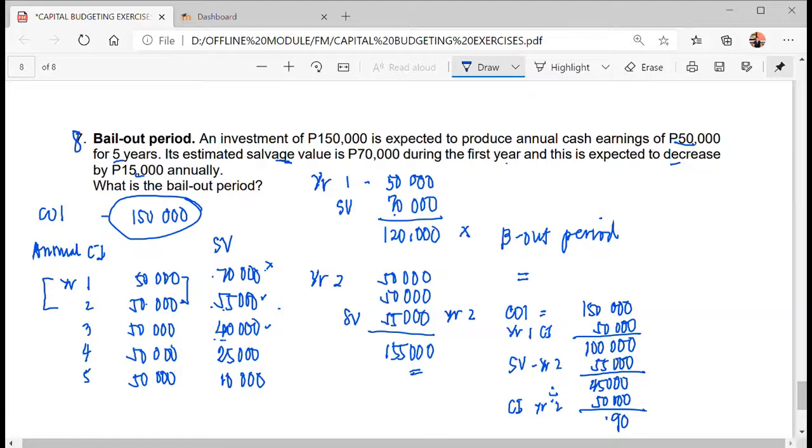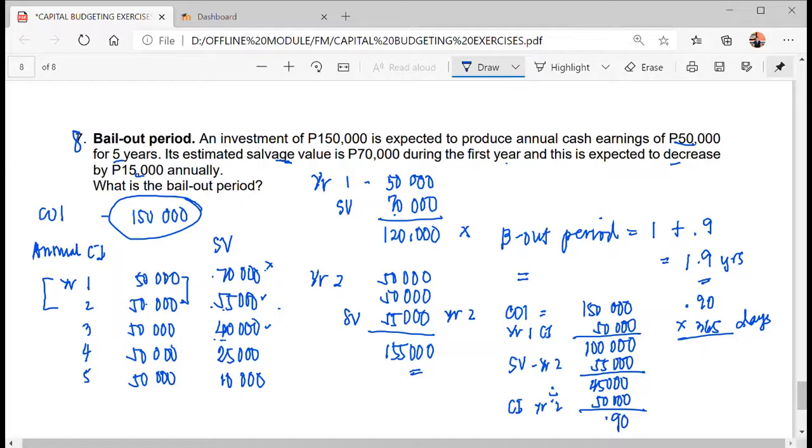So therefore our payback period is between year 1 and year 2. So you have 1 plus 0.9, which is 1.9 years. Okay, if you want to determine which month or how many days it is, multiply 0.90 by 365 days to get the exact month or exact days in the year.